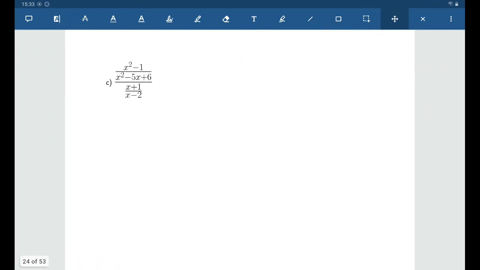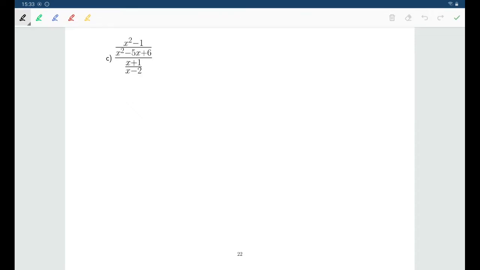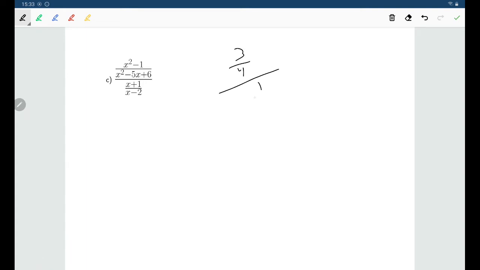For the last one that we have here, we have one rational expression divided by another rational expression. One thing that we'll need to remember, of course, from fractions, if you were dividing fractions, 3/4 divided by, let's say, a half, you would turn that into a multiplication problem, 3/4 multiplied by 2/1.